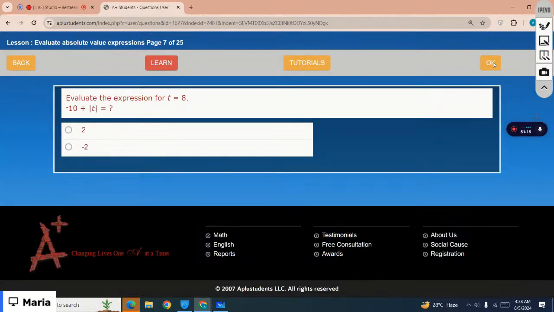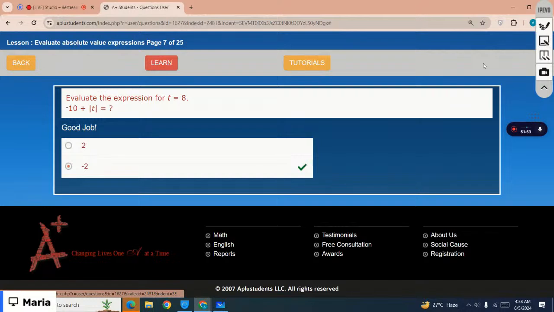Evaluate the expression for t equals 8: -8 plus the absolute value of t. -2 it is.